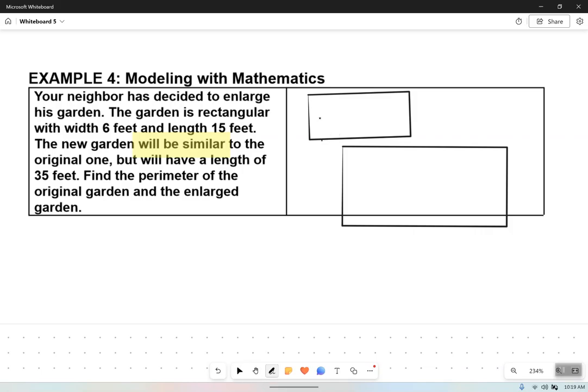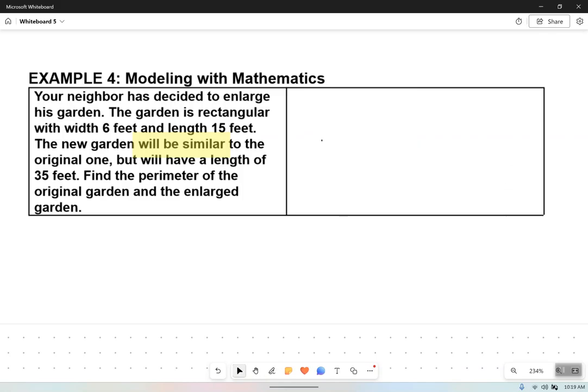Excuse me. I don't want to do that. I don't know why it's doing that. All right, I'm going to erase this one. I don't like that one. I don't like this one either. You know what I'm going to do? Let's see if I can cheat this a little bit. Oh, where are my shapes? Here we go.